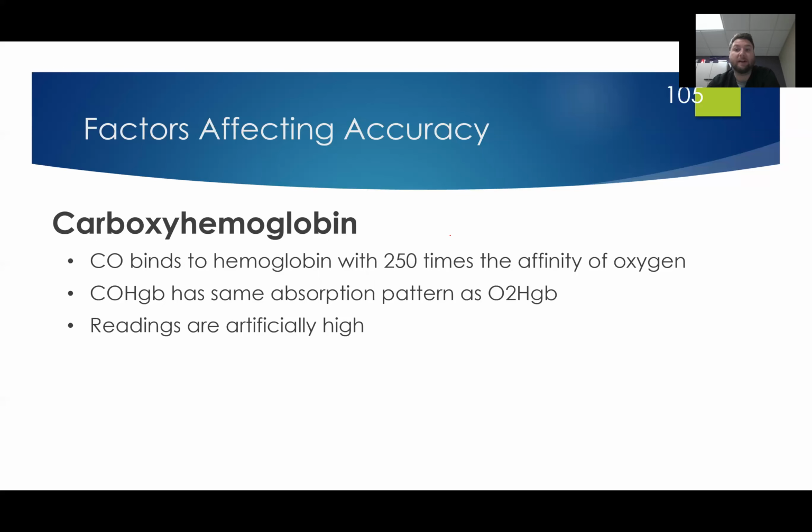So technically their SpO2 is only 50%. They're only 50% saturated. So you can't really tell with the pulse ox what's going on when it comes to carbon monoxide. With this, you'd have to get a different test called a co-ox or a hemoximeter, which will tell you how much carboxyhemoglobin you have in the blood.